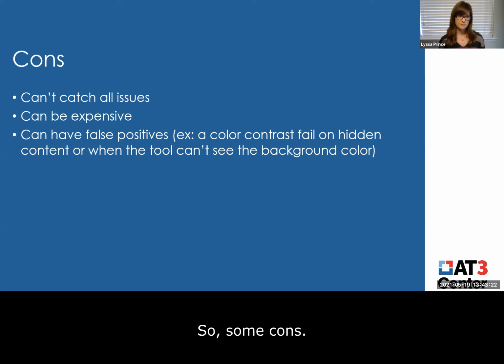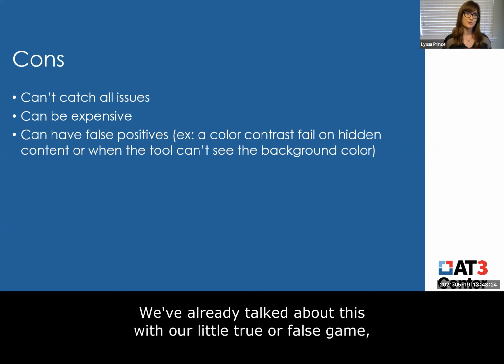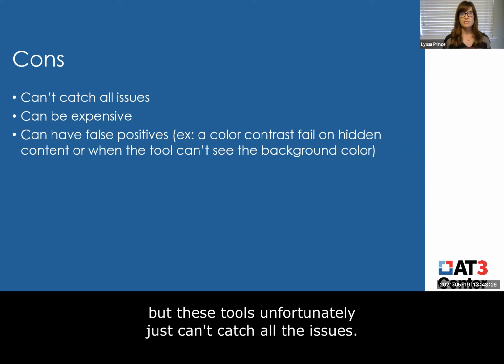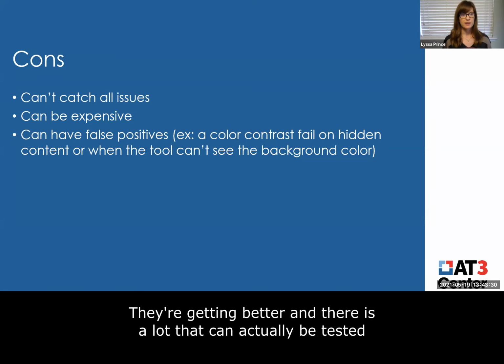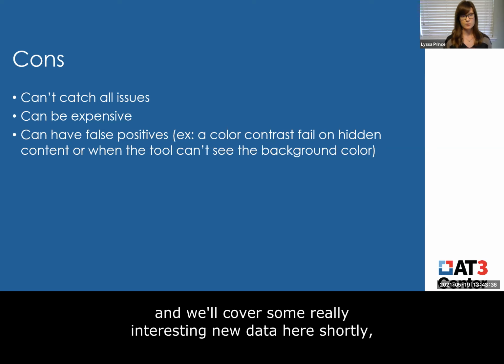So some cons, we've already talked about this with our little true or false game, but these tools, unfortunately, just can't catch all the issues. They're getting better, and there is a lot that can actually be tested, and we'll cover some really interesting new data here shortly.